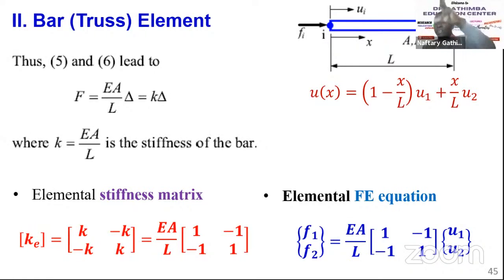Now for the different finite elements, bar elements, we need to assemble the global stiffness matrix or the overall stiffness matrix, and then we get the overall finite element equation, so that now we can solve for the nodal unknowns. So for us to have a global equation, we cannot use one element. I mean, for us to have a finite element equation for the structure, one element is just a part extracted from a structure.